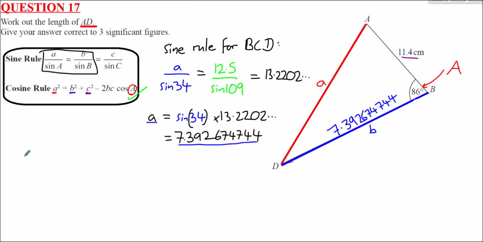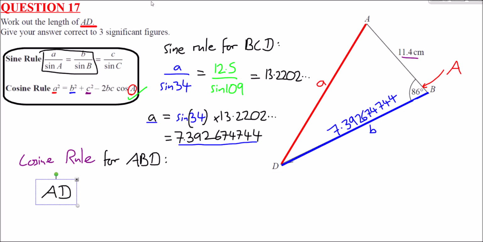So cosine rule, next, for the triangle ABD. So AD, which is side a, in fact I'll put that in red just so it's clear what I'm talking about.